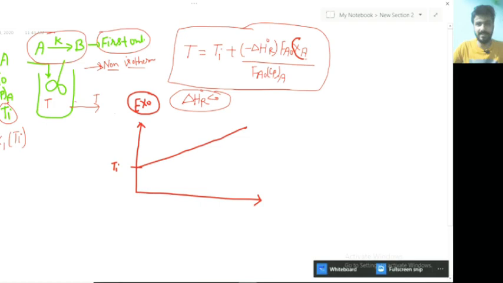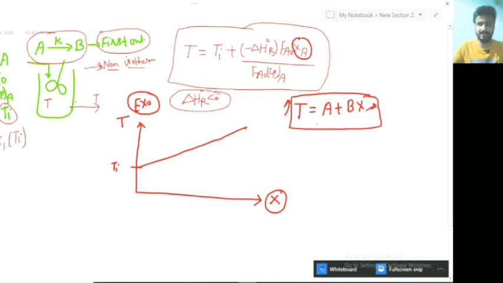So here, the outlet temperature I am assuming is T, and if the conversion of the reactant is X, as the conversion increases, the outlet temperature increases. Why? Because this equation is T = a + bX. This is a linear equation, and the slope is positive and the intercept is also positive. So if the value of X increases, then the outlet temperature of the reactor will increase. So this will be like this.